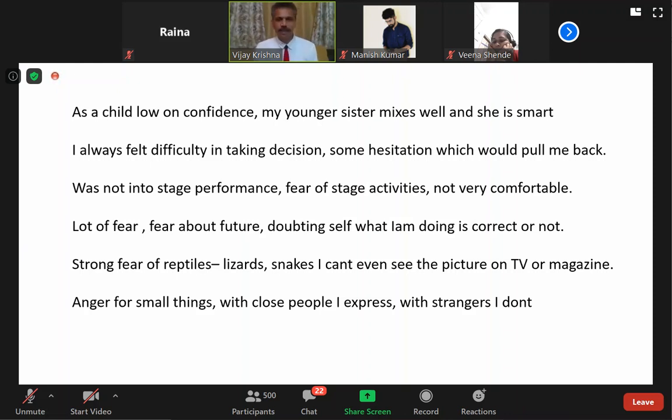Not very comfortable. A lot of fear, and when I asked what exactly she is afraid of, she came up with 2 or 3 very important things.